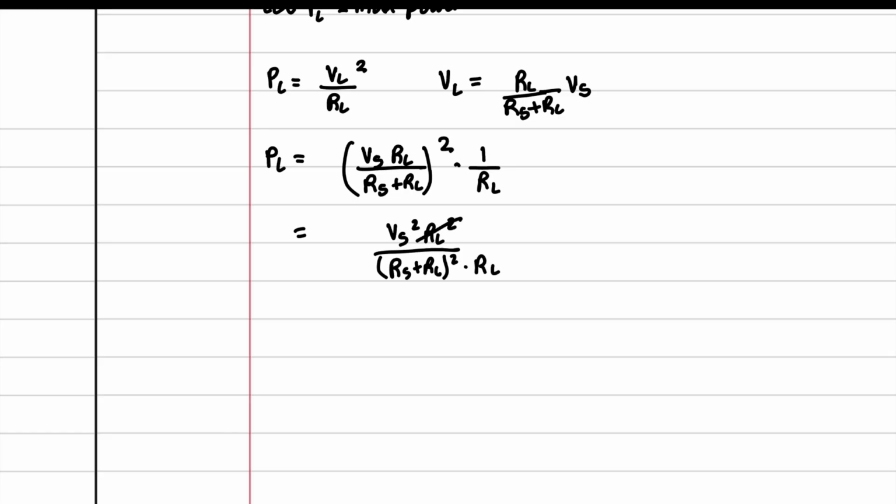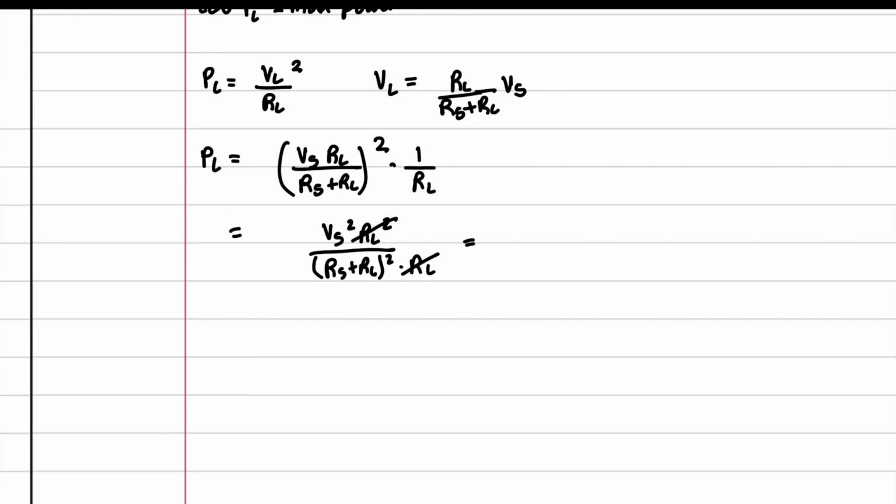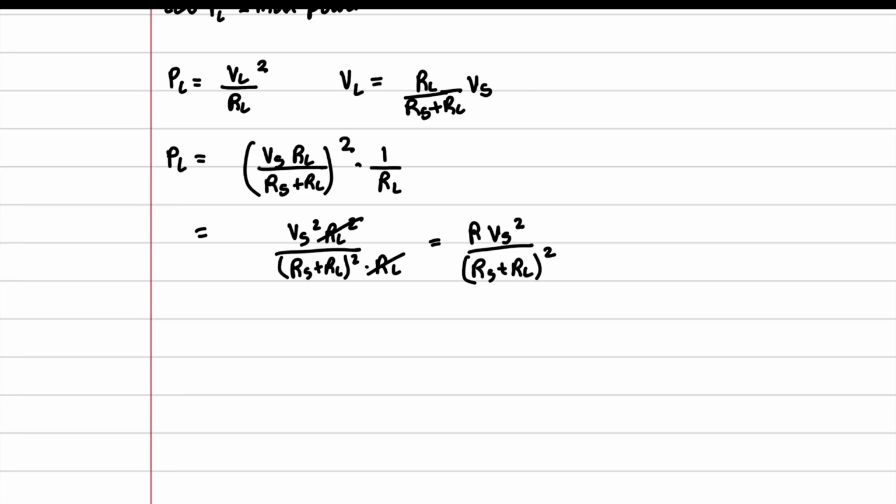These RLs cancel out, and we are left with VS squared over RS plus RL squared times RL. Okay. Now, the question here is, well, we're not finished because we still don't know what RL is. And that is where we start maximizing.